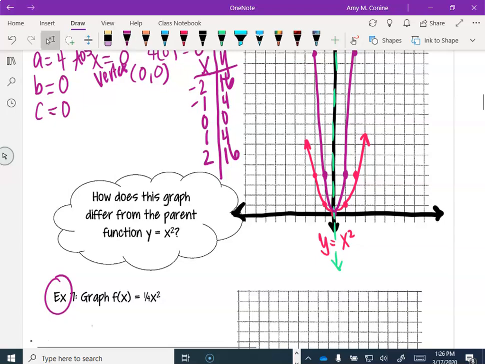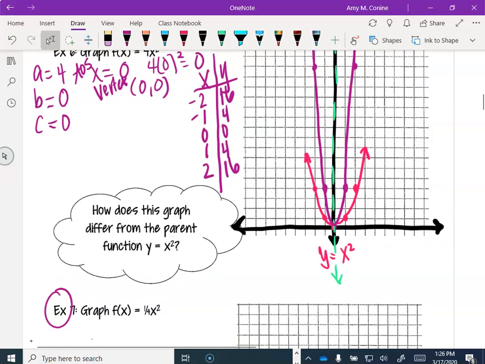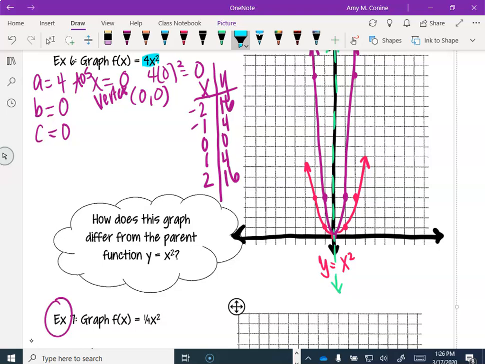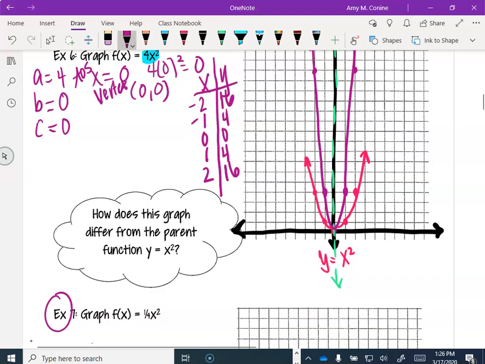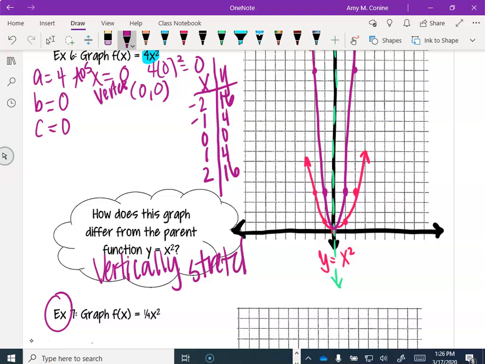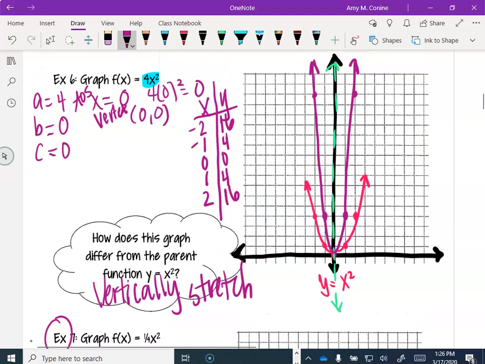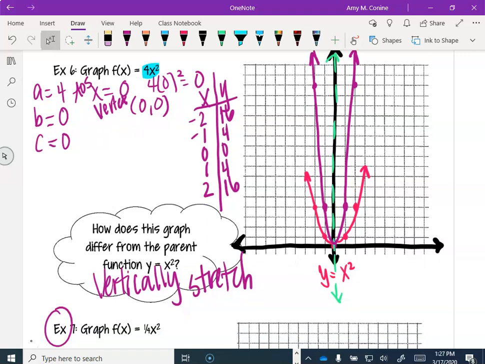When we have something that looks like this in front of our x value, this 4 in front, when it's an integer like that, it's going to vertically stretch it, so it's pulling it up almost like you're stretching a rubber band. So it's going to get taller and thinner.